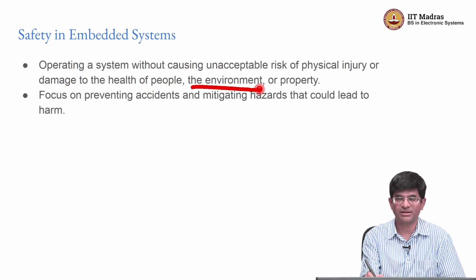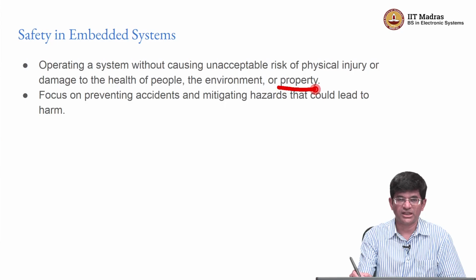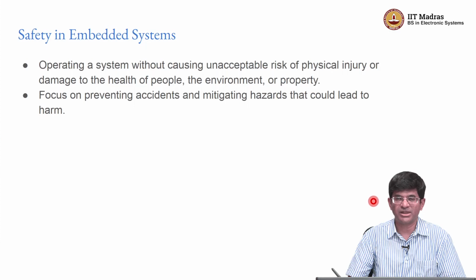The most classic example, of course, being nuclear reactors, which can pretty much destroy the entire environment in their immediate neighborhood. But even things like coal plants or other kinds of factories or other mechanisms can have a fairly sustained and adverse effect on their surroundings. Or property. There could be physical damage directly to property as a result of the use of some particular system.